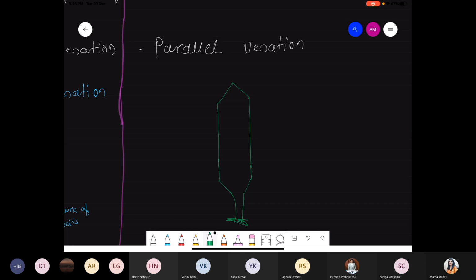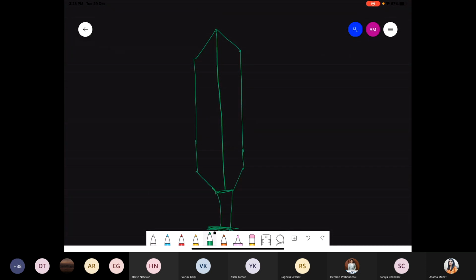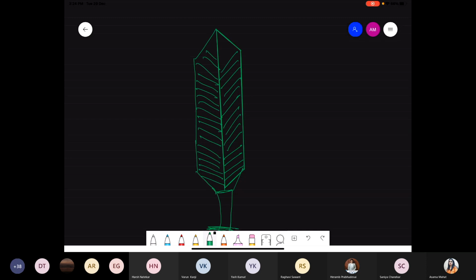Now in the leaf there is a presence of midrib, and whatever veins are present, all the veins are parallel with each other like this. It will be like this. There is no network. Exactly, they are parallel with each other. Such a kind of arrangement is simply called parallel venation. All the veins are arranged in a specific manner. No network is present.